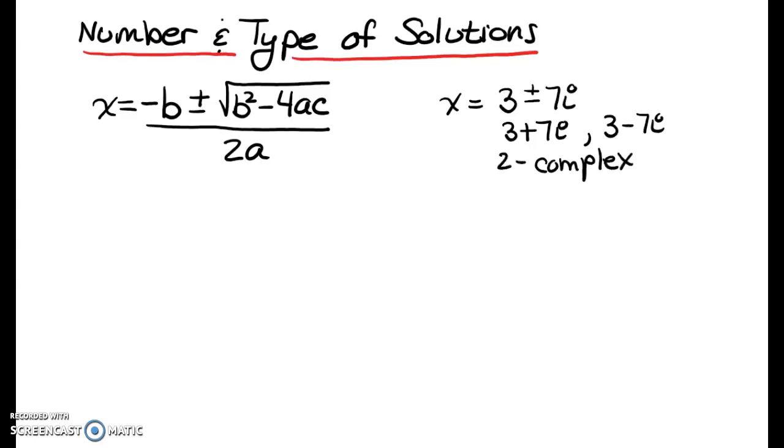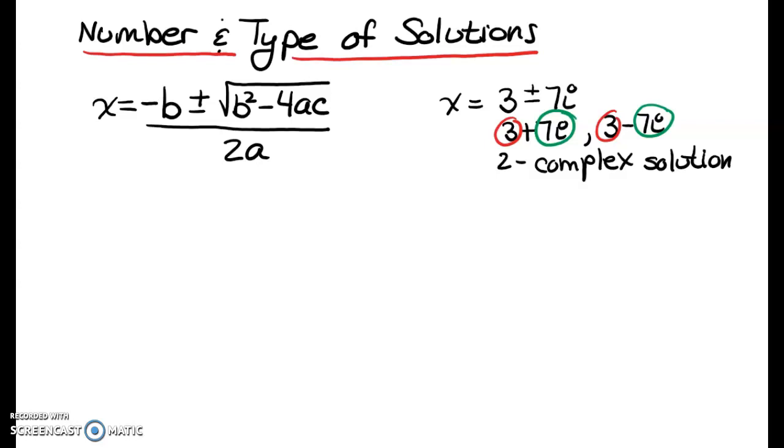Two complex solutions. And why do I know they're complex? Because I have both a real part and an imaginary part. This number is not real, it's not imaginary, it's real and imaginary, so it's called complex.